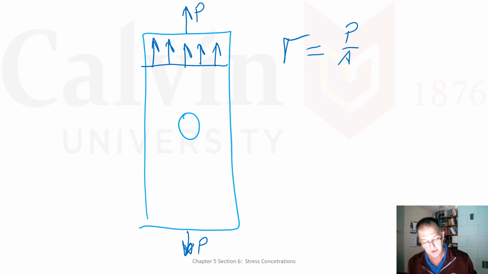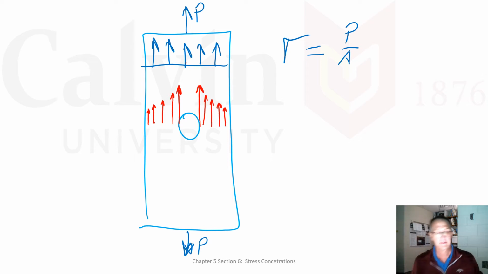But close to the hole, this stress has to adjust. And so I get stresses that are high right next to the hole, and then they decrease. And that's the actual stress distribution that I get.